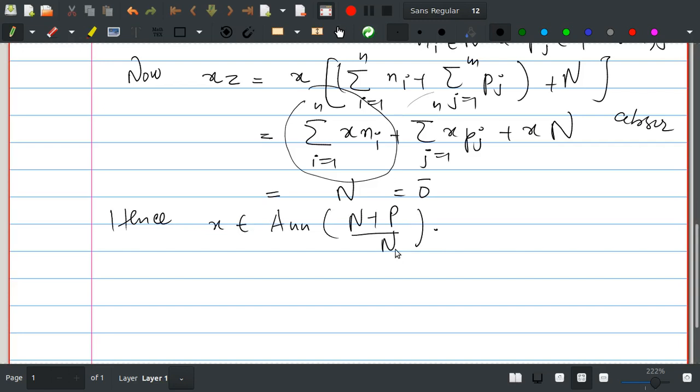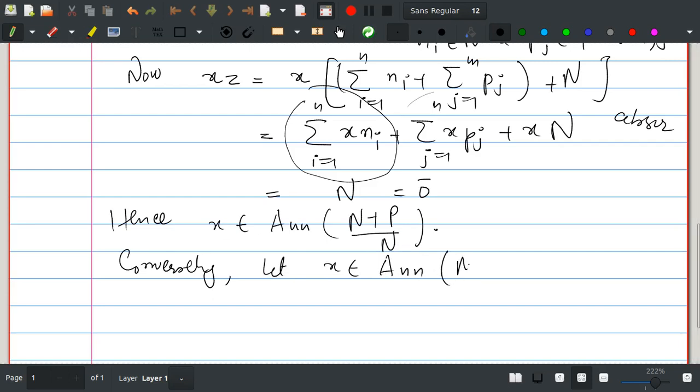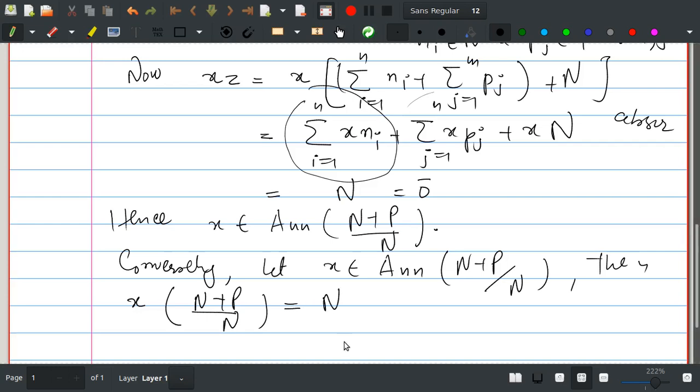Now conversely, let x be an element of this quotient module, then this x annihilates this module, i.e. x times n plus p mod n is actually the 0 element of this module, which is n.